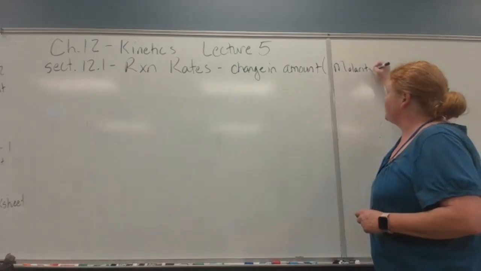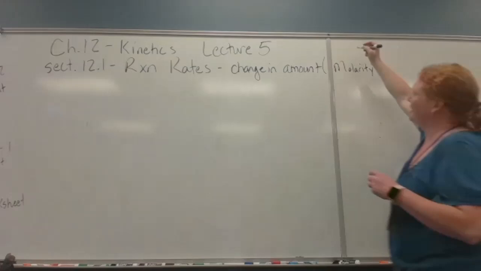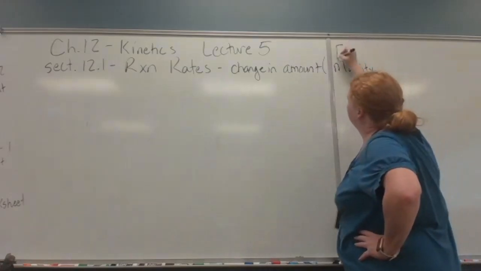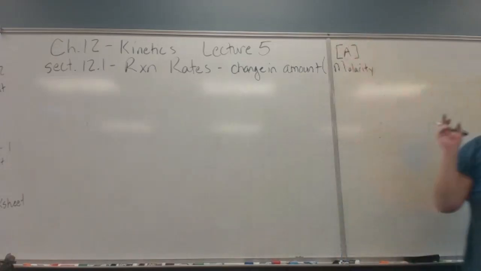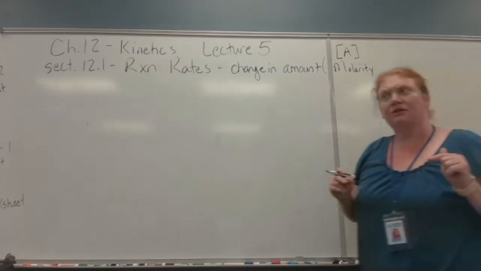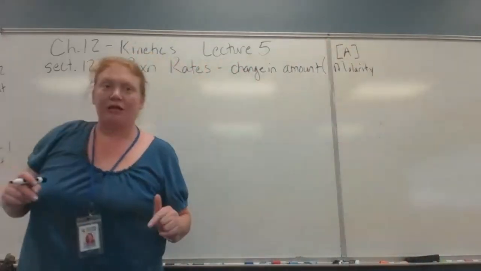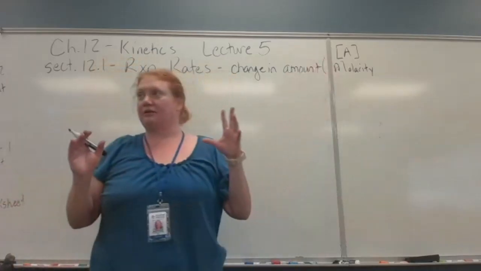So we are going to look at changes in molarity. And this might be a good time to teach you this. Whenever I put a formula symbol in these square brackets, in chemistry, that means I am talking about that molarity. The square brackets means molarity in chemistry.